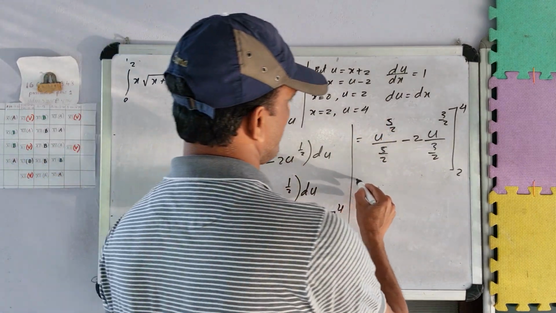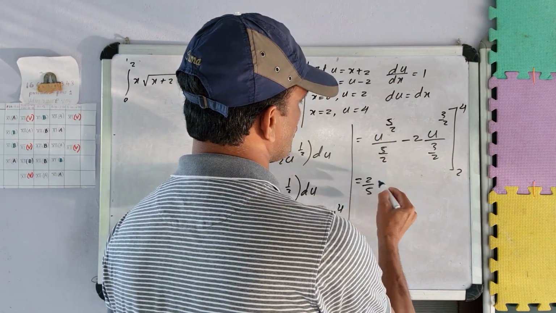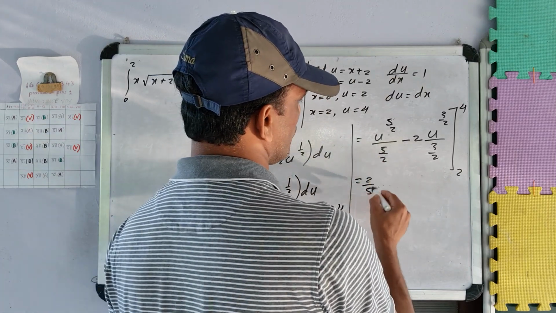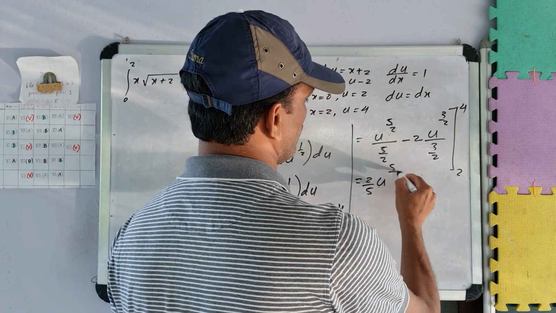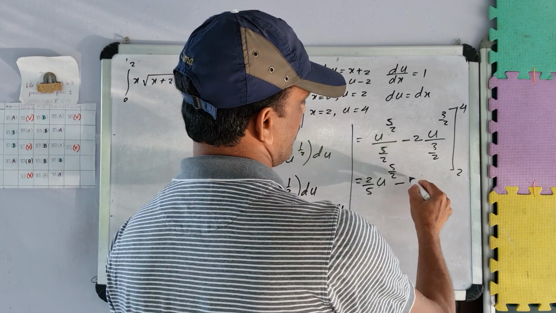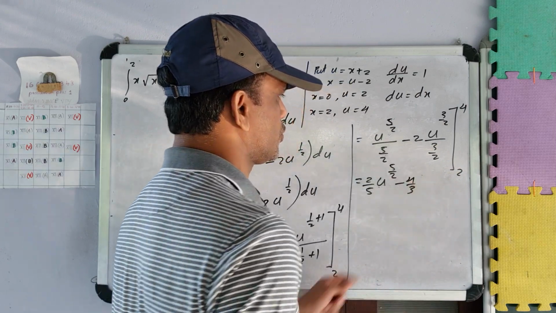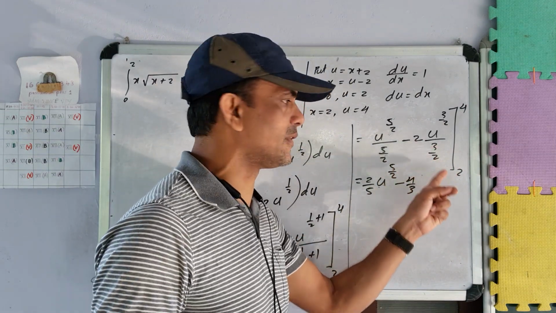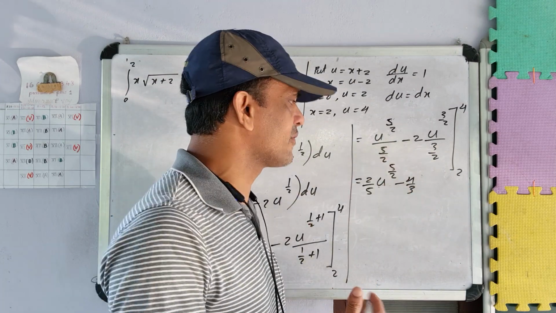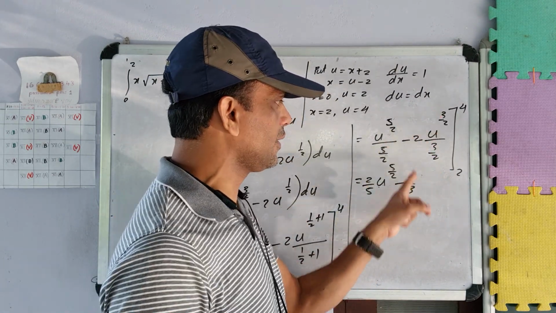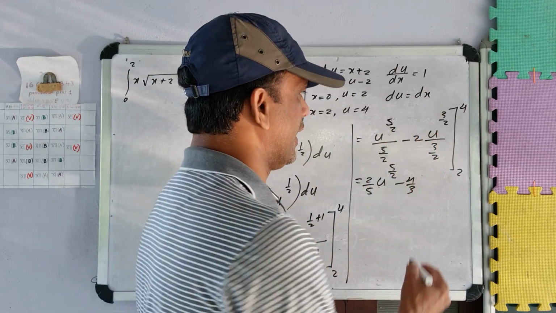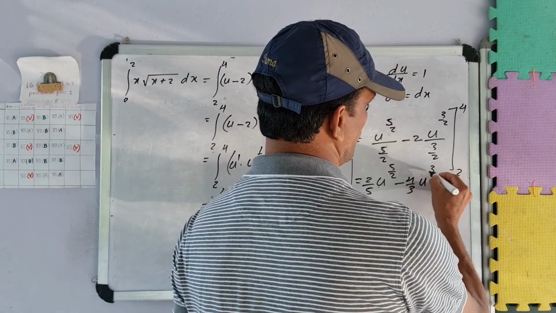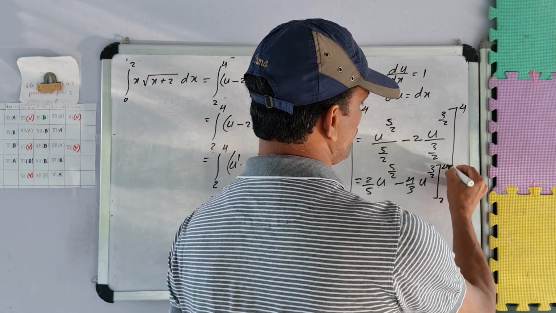Now I use the reciprocal: 2 over 5 u raised to 5 over 2, minus 4 over 3. Hope you understand. 2 is there, and I use the reciprocal of 3 over 2, which is 2 over 3. So 2 times 2 is 4, times u raised to 3 over 2, with limits 2 to 4.